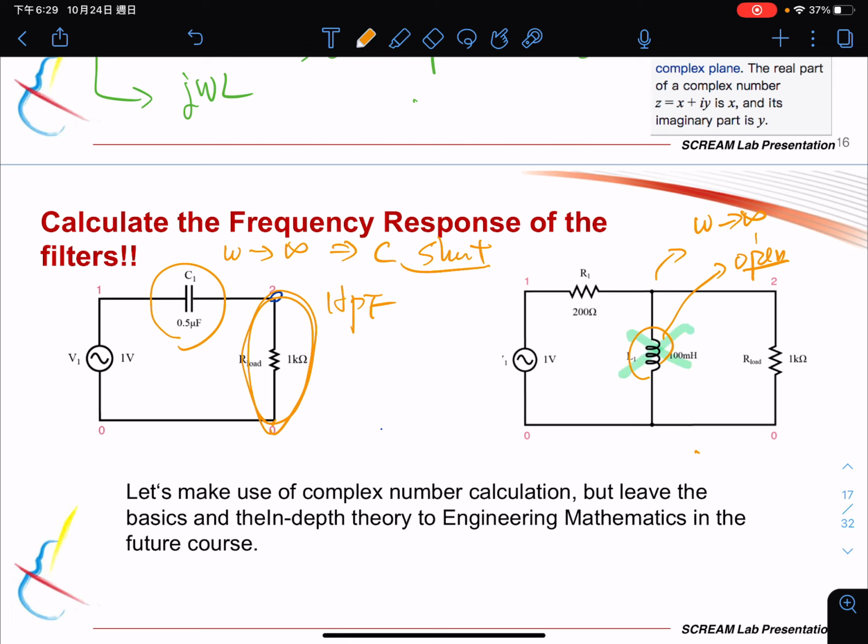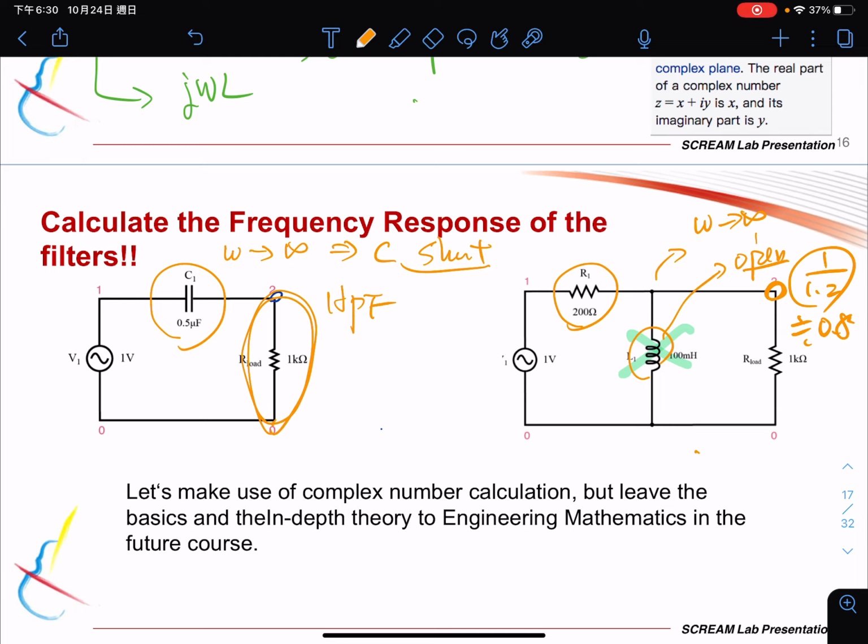So all the load will appear here, except that we have the 200 ohm here, so that's why we have a little bit of a drop, but the drop is not much, 1.2, right? So around 0.8. So this one is also a high pass filter. So if you want to have a high pass filter, you can have the capacitor in series with the load, or you can have the inductor in parallel with the load.